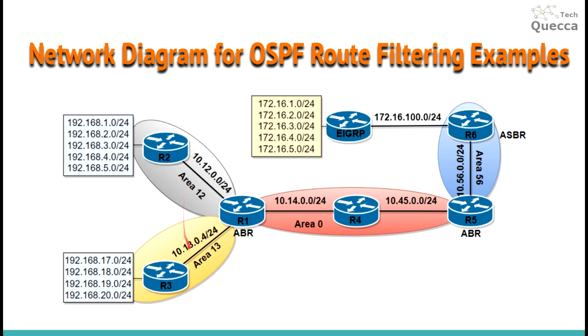There are 4 areas, and area 0 is on routers R1, R4, R5. One router is running EIGRP and router R6 is running two dynamic routing protocols, EIGRP and OSPF, and there is route redistribution from EIGRP into OSPF. So let's continue.